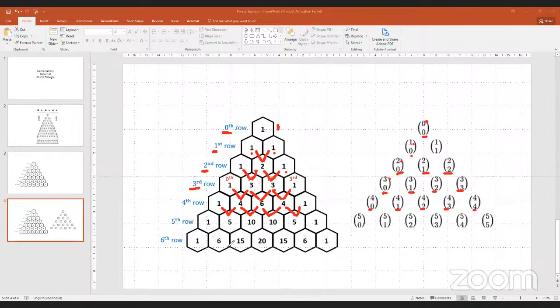And you see that it is symmetric. So that is the symmetry here. 1, 1, 3, 3. 1, 1, 4, 4, 6. 1, 1, 5, 5, and 10. So that's symmetric to this line.